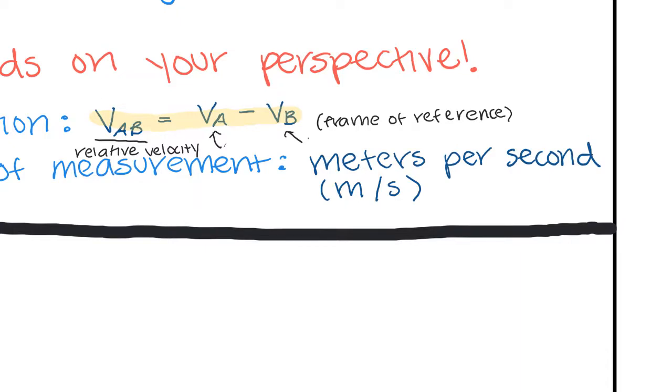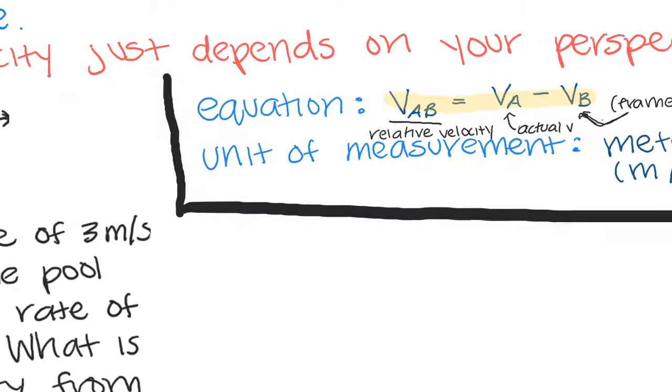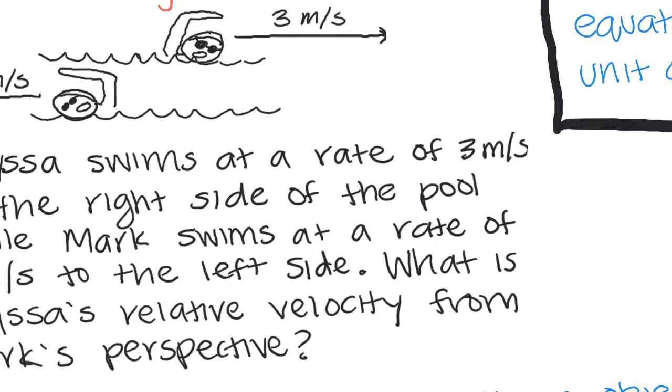So we will say that VAB is the relative velocity. VA is the actual velocity. I'm just going to type the right actual V for short. And this is the velocity of our frame of reference. Okay. So we will work out an example so you all can kind of see this in real time.